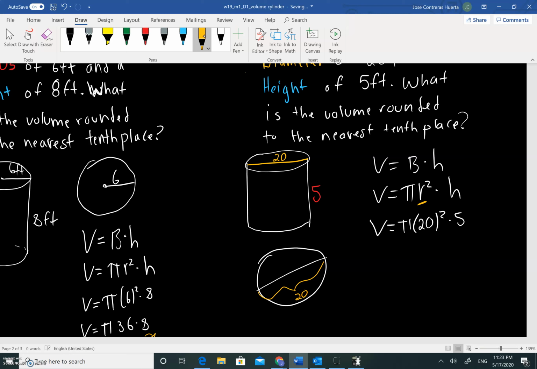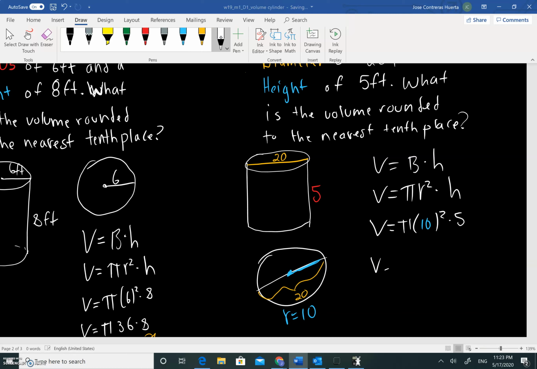What I need is the radius. So to find the radius, I have to go ahead and divide this by 2 because the radius is half of the diameter. So my r is equal to 10, and that's the number that I have to use. I have to use the radius, not the diameter. So you need to do an extra step when you're given the diameter and not the radius.